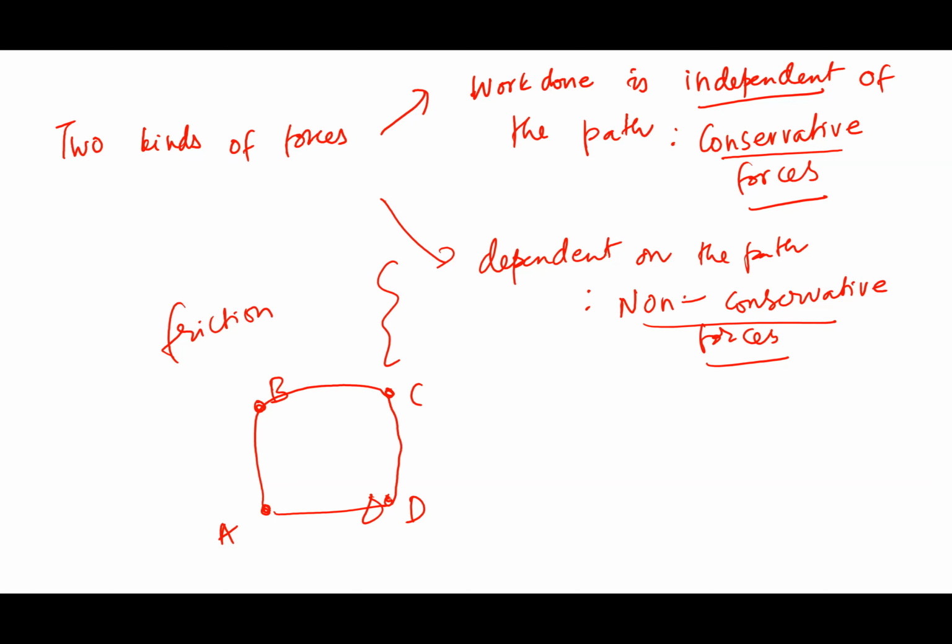So clearly, the second path, you have to travel a longer distance. That means you're going to experience more friction, which means you're going to dissipate more energy, right? So clearly, this path is not going to be the same as going straight when friction is involved. Common sense will tell you that when friction is involved, A to D is not the same as A to B to C to D, right?